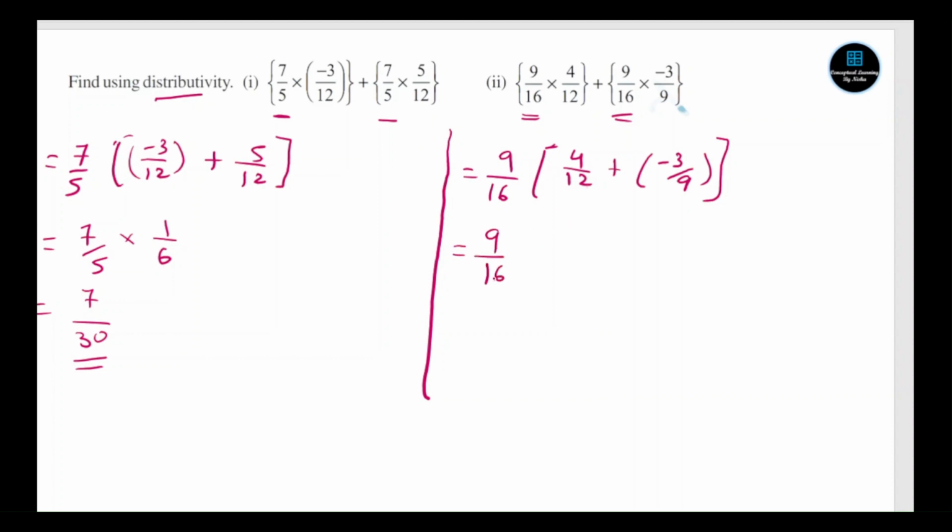Yes, I can, right? So what do I get? 4 over 12 is 1/3 plus this is also negative 1/3. Easy. What is the answer? This is 9 over 16 times 0, and the answer is 0, right? So see, by applying the properties, the question is very easy to solve, isn't it?